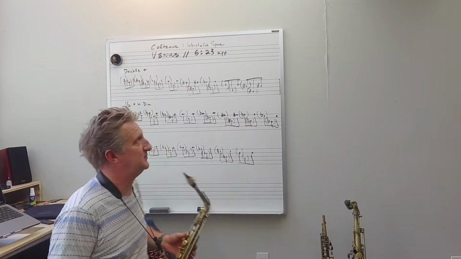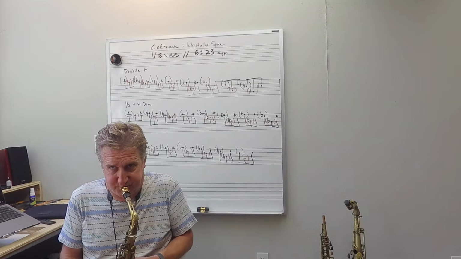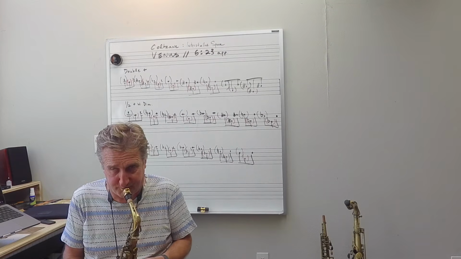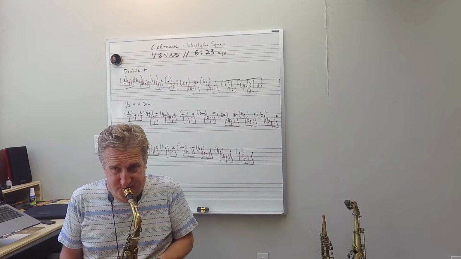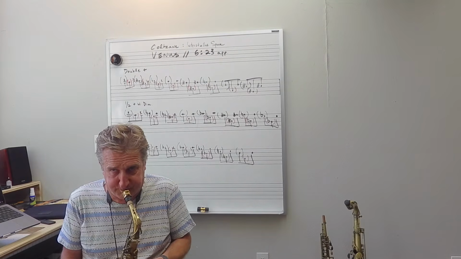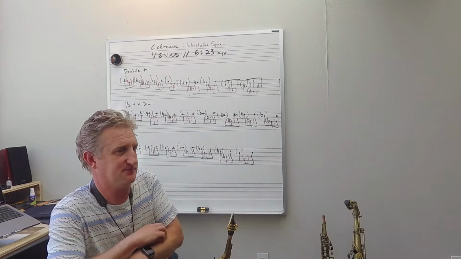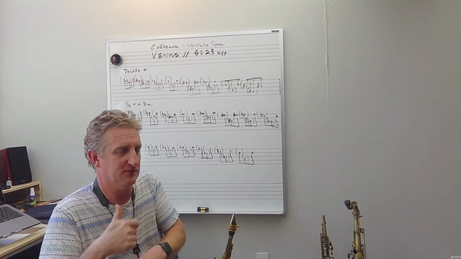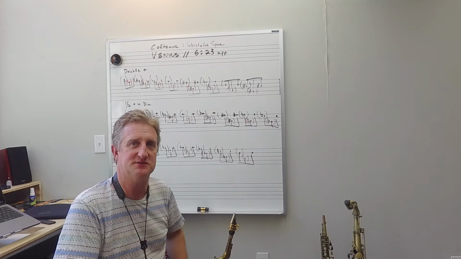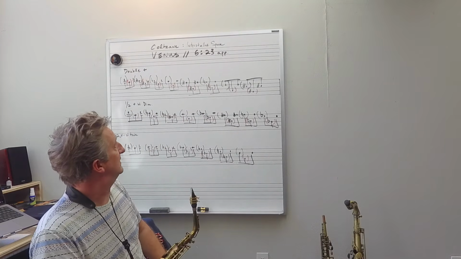So the basic shape here is... I didn't do a direct transposition of what he played and what I played, but basically, because it's a mode of limited transposition, you end up covering all your bases anyway.